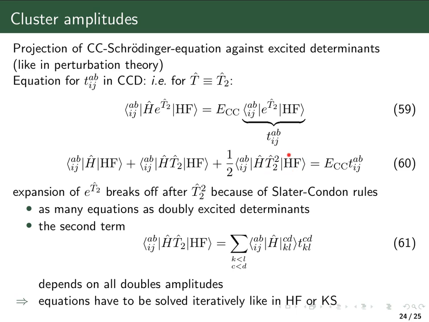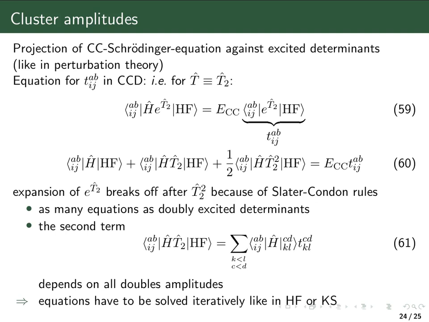Whereas this one is just a quadruple excitation, and I certainly can get something out of a double excitation Hamiltonian and a quadruple excitation. So you can see that, also for the equations for the amplitudes, the expansion of the coupled cluster exponential operator breaks off because of the Slater-Condon rules.